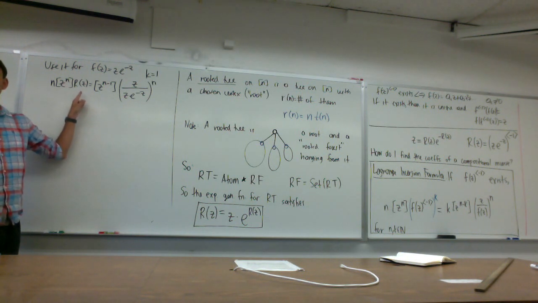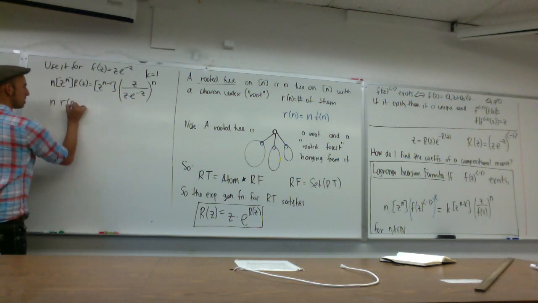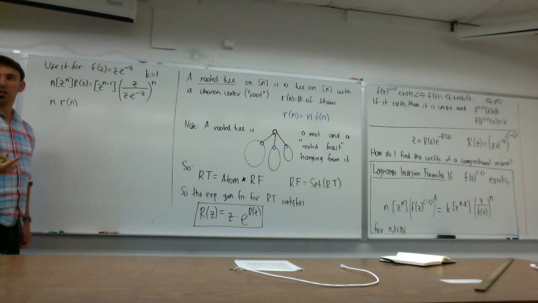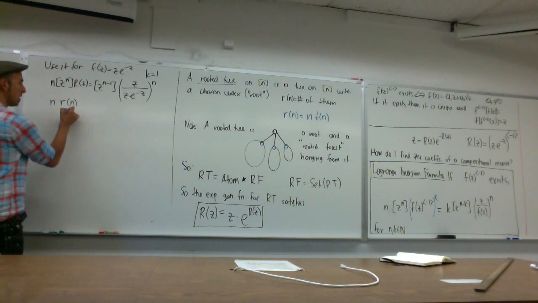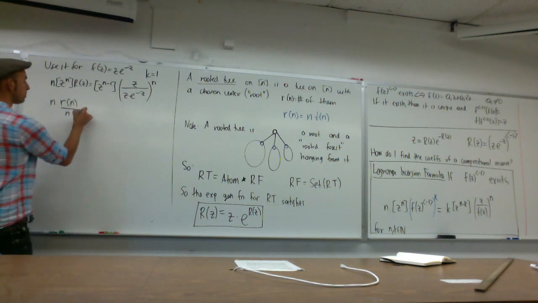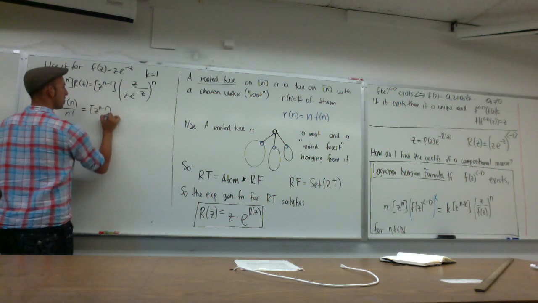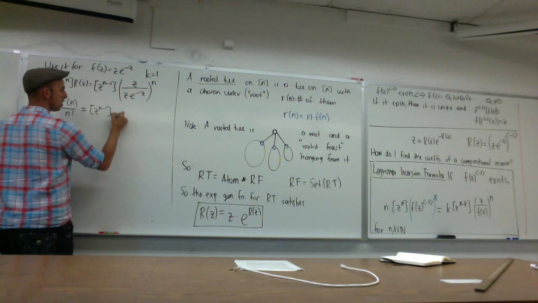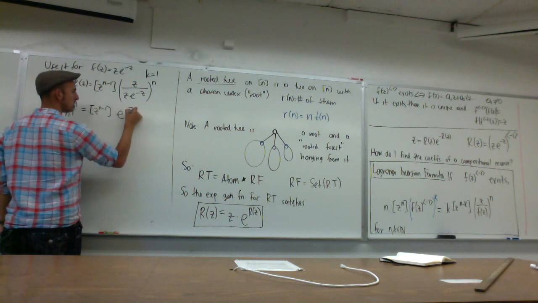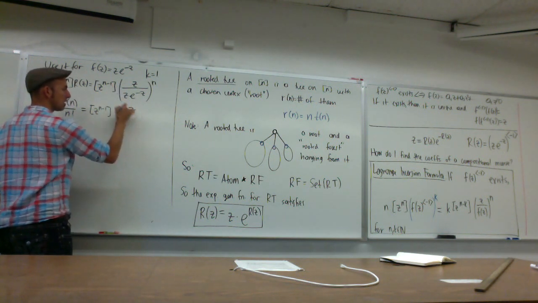Remember that r of z is the generating function for rooted trees. Right? So this is the number of rooted trees. But remember that this is an exponential generating function. So I get it divided by n factorial. So I get equals to the coefficient of z to the n minus 1, and this over this is just e to the z. Right? And then to the n I get e to the nz.